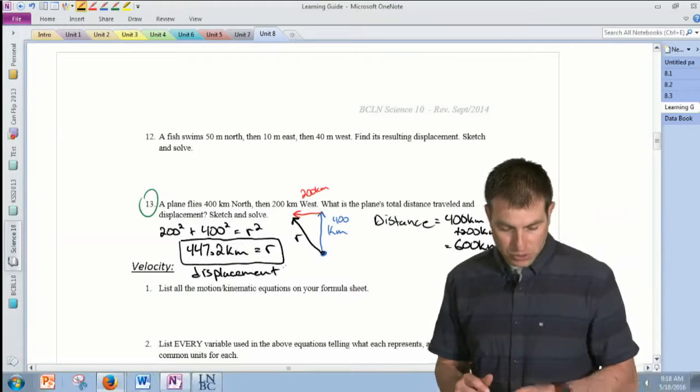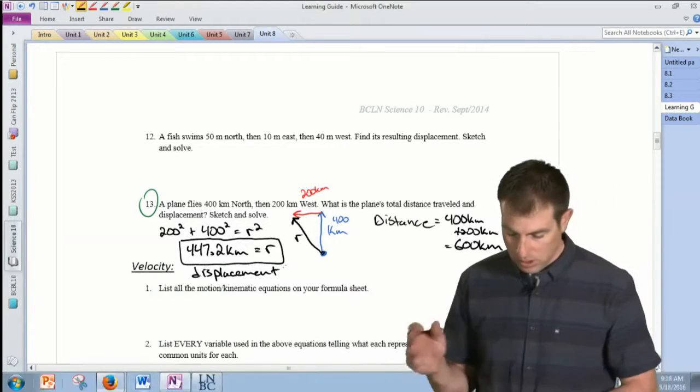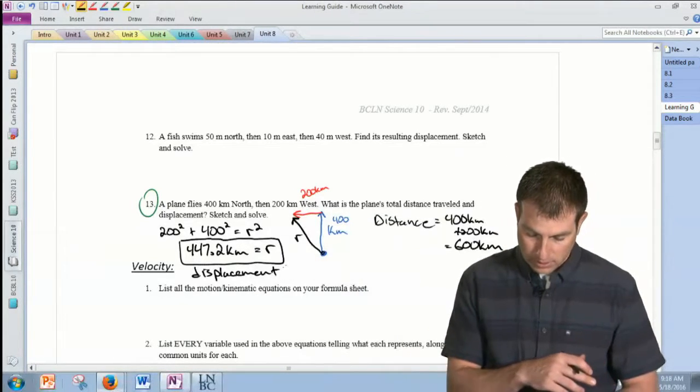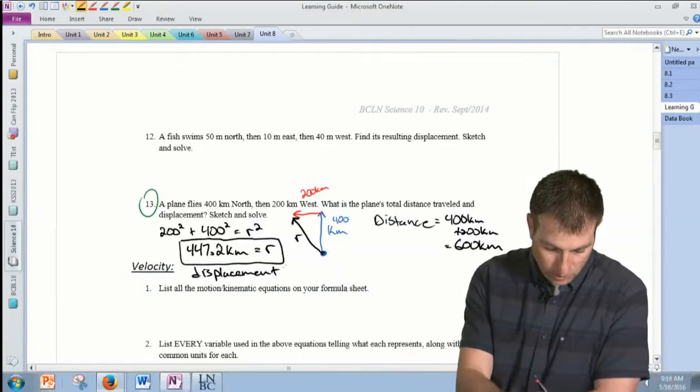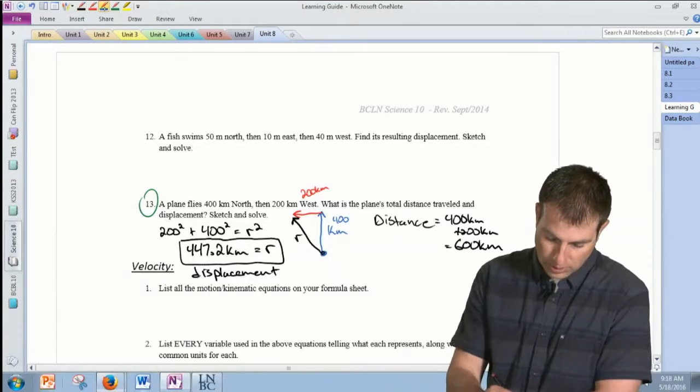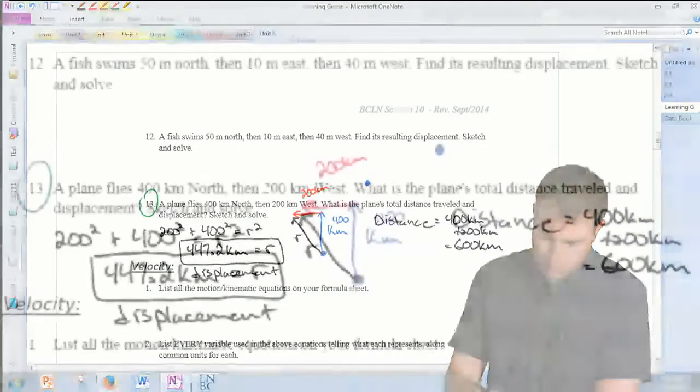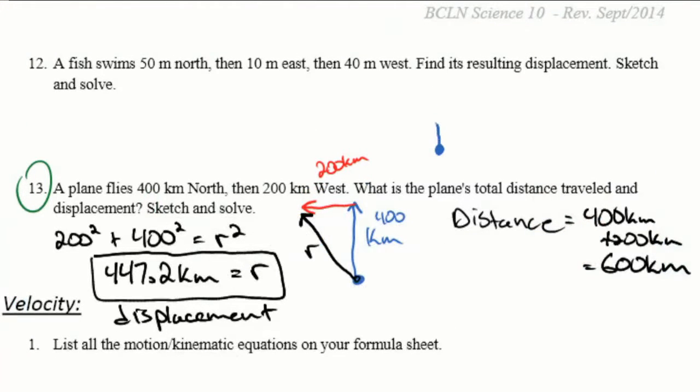Number 12, a fish swims 50 meters north, then 10 meters east, then 40 meters west. Sketch and solve. All right, so again, we're going to draw a picture. So 50 meters north, and then he's going to go 10 meters east.